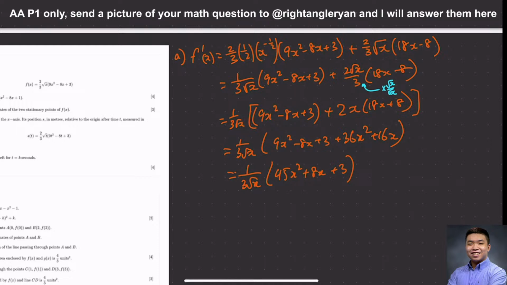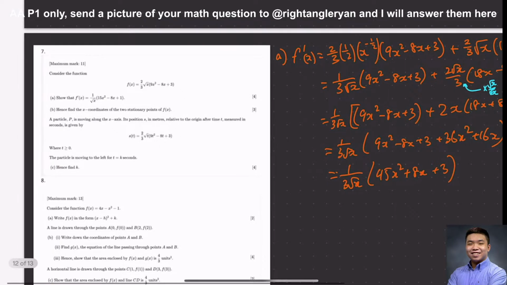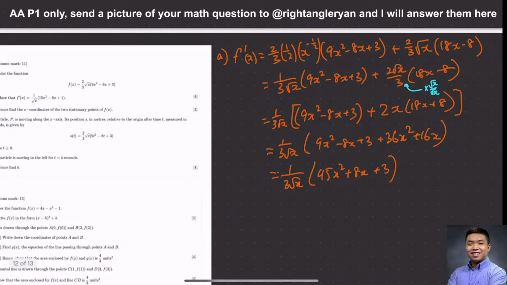9x squared minus 8x. 1 over 3 root x, 9x squared. 8 over 3, minus 8 over 3, minus 8, 16, 36 minus, or is the answer key wrong maybe?